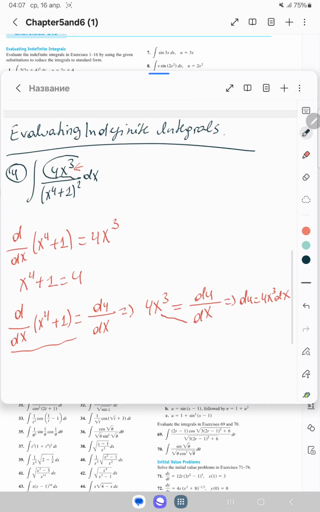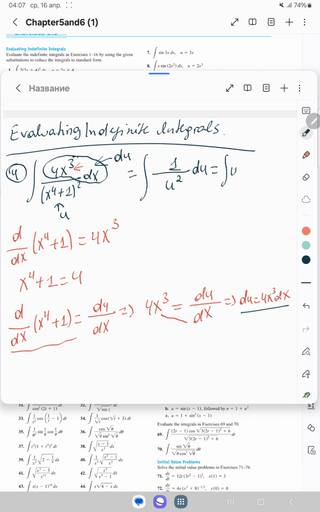4x kubu vurulsun dx-in yerinə yazacağım du. X üstü 4 plus 1-in də yerinə yazacağım u. So, olacaq integralım 1 over u squared du.